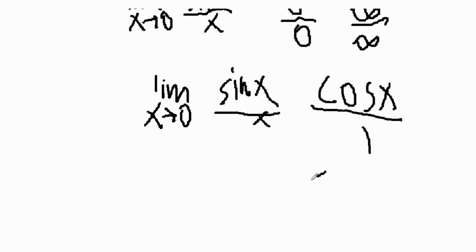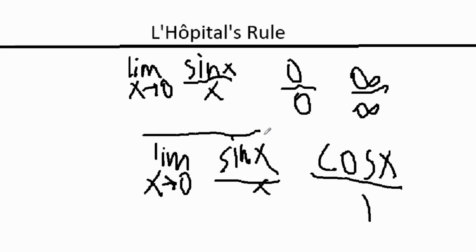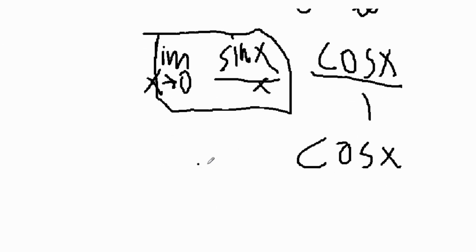So if you simplify this, you get cosine x. Now if you substitute 0 in for x, you'll get 1. So cosine of 0 is 1. So the solution to this limit is 1.